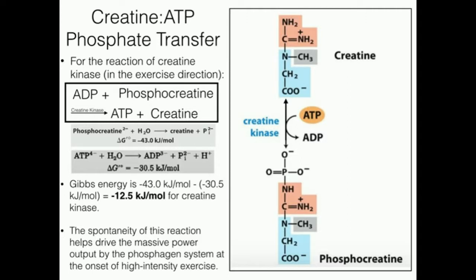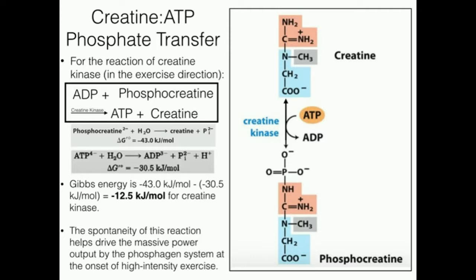So if you have a lot of ATP around, you can use the enzyme creatine kinase and phosphorylate creatine to make phosphocreatine, generating ADP. It is actually at rest in the muscle cell's best interest to store a lot of the excess phosphate as phosphocreatine, and we'll talk about that on the next slide.